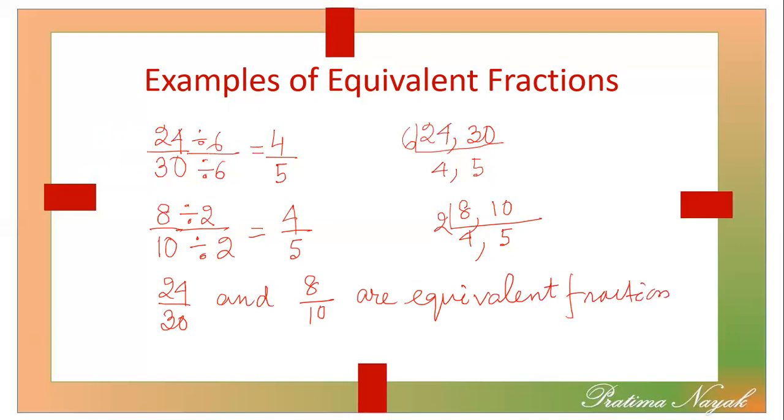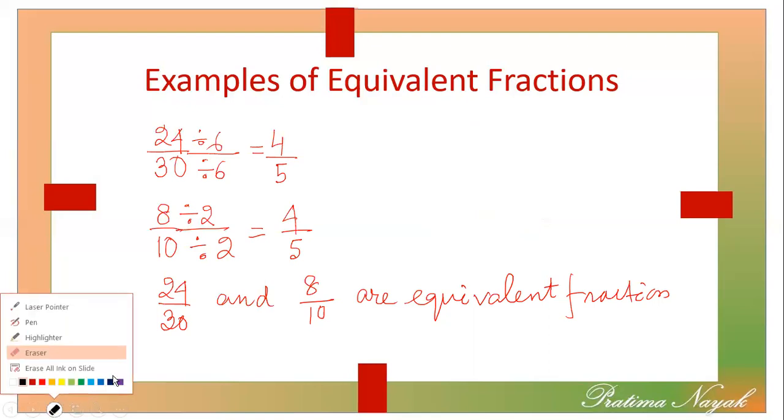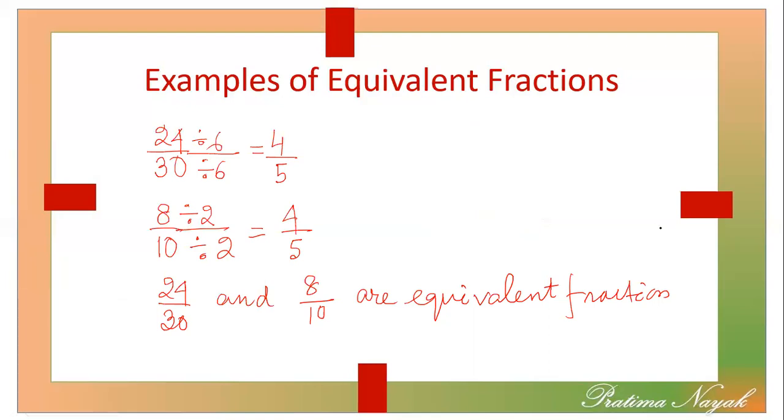Now, if I want to make many equivalent fractions, I can also make them starting from 4 by 5. I'll take 4 by 5 and make many equivalent fractions. How to make them? I'll multiply both the numerator and denominator with a common multiple. I'm multiplying 2, so I'm getting 8 by 10.